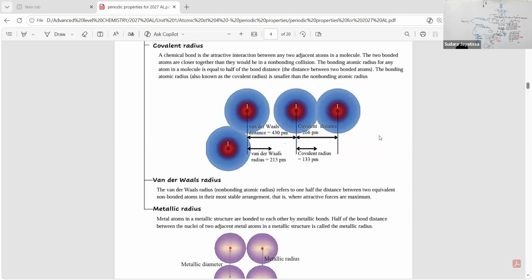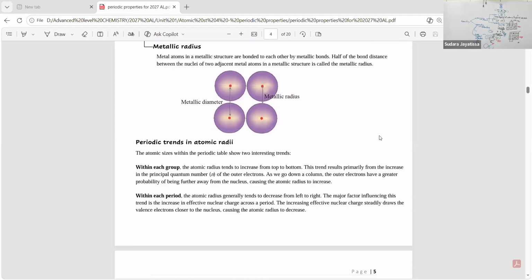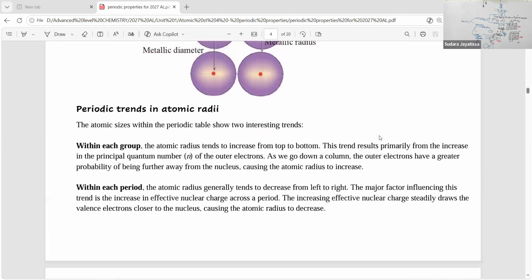Covalent, van der Waals, metallic. Bonding atomic radius is covalent. Non-bonding atomic radius is van der Waals. Now let's go to the periodic trends in atomic radius.